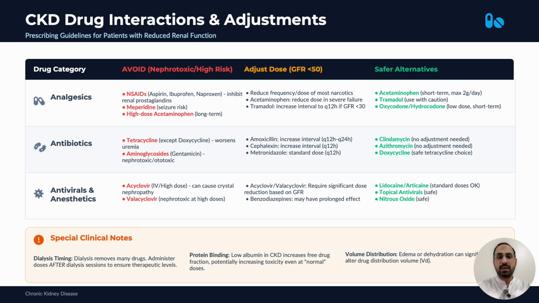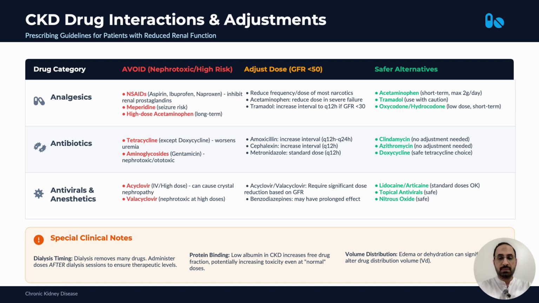So prescribing medications for chronic kidney disease patients requires extreme caution. We need to be cautious when prescribing drugs for a patient with chronic kidney disease. We need to avoid non-steroidal anti-inflammatory drugs entirely, as they inhibit renal prostaglandins. For pain, the safest option is acetaminophen.